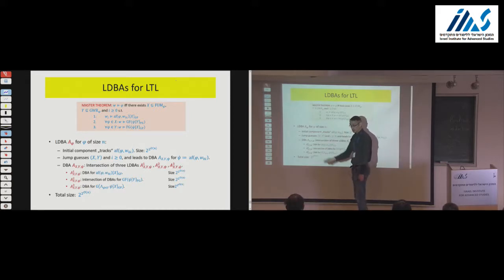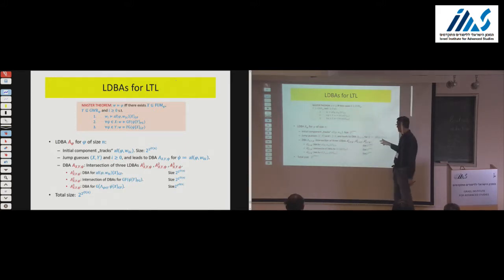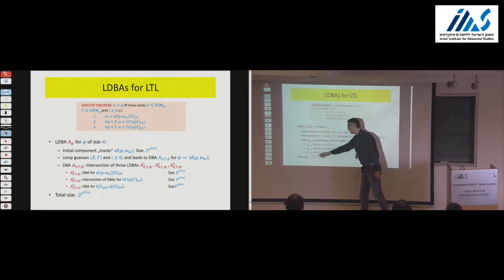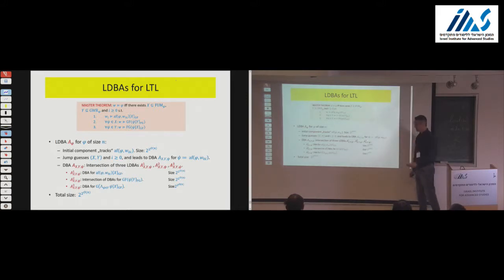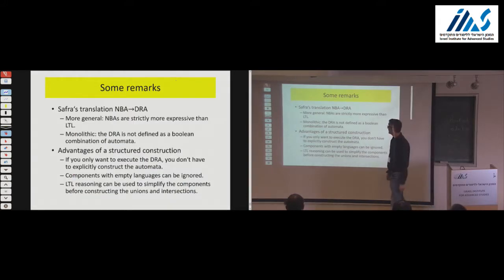The jump corresponds to guessing everything, and then you just jump to the correct formula. And this DBA is going to be the intersection of 3 DBAs, and so on, right? Here you can take them deterministically, and then you get the final bound. Okay, so it's actually exactly the same thing.